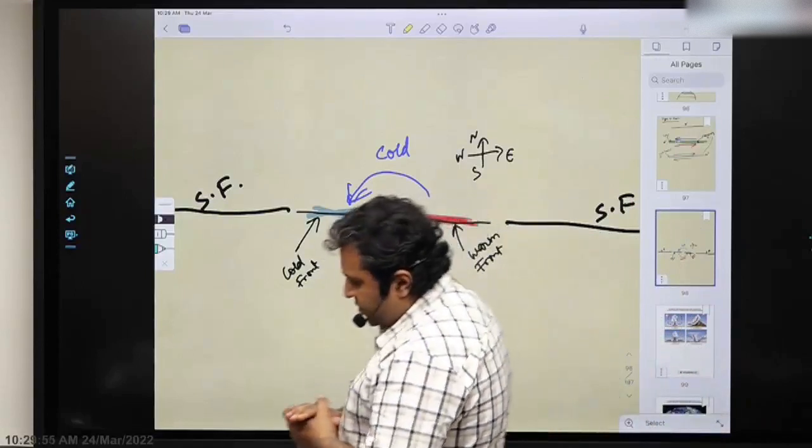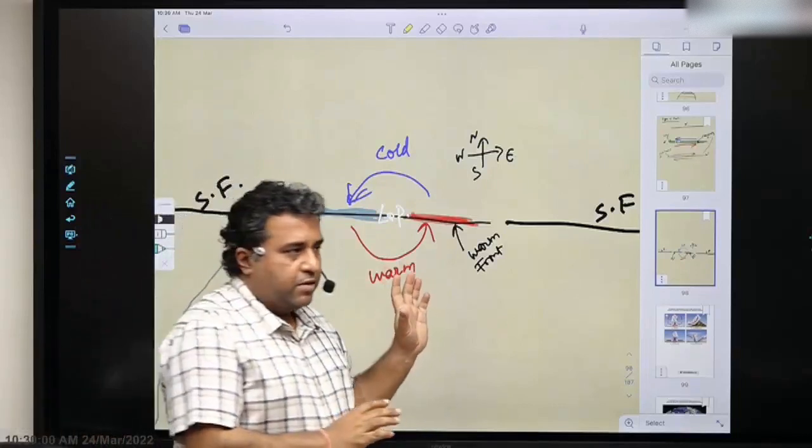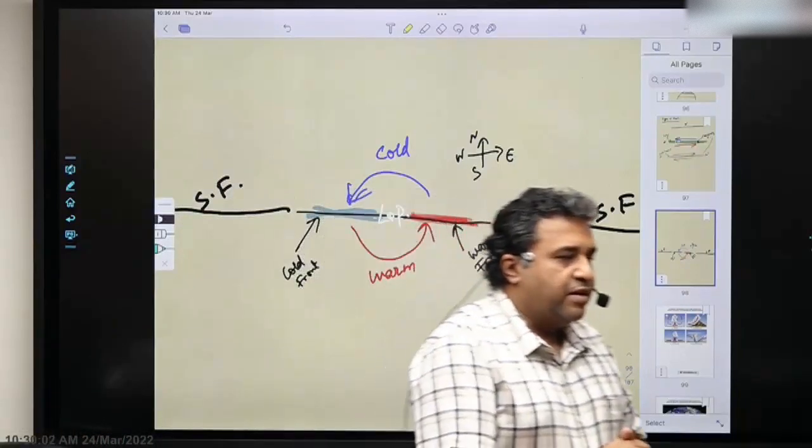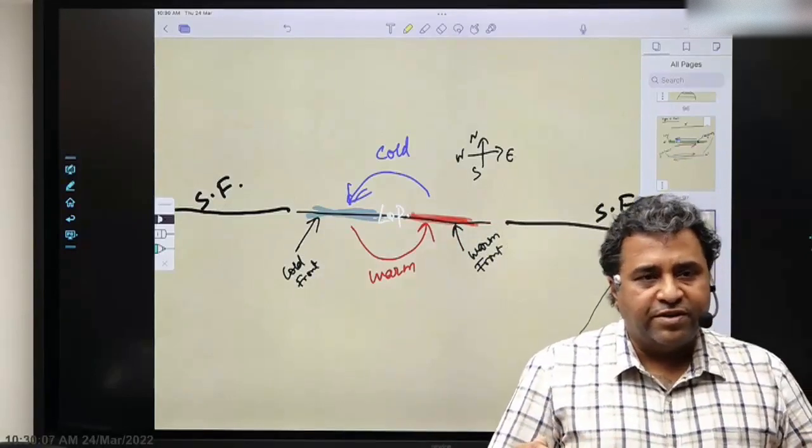Is this okay? Right? So you have everything in the figure. So you understand how the cold and warm fronts are created?